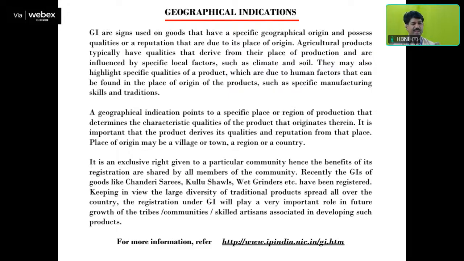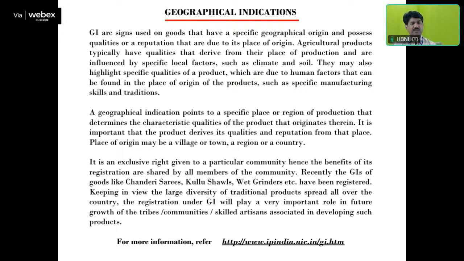They may also highlight specific qualities of a product which are due to human factors found in the place of origin of the product, such as specific manufacturing skills and traditions. Yesterday also I told you about the Tirupati Tirumala Laddu. It now has the GI tag.